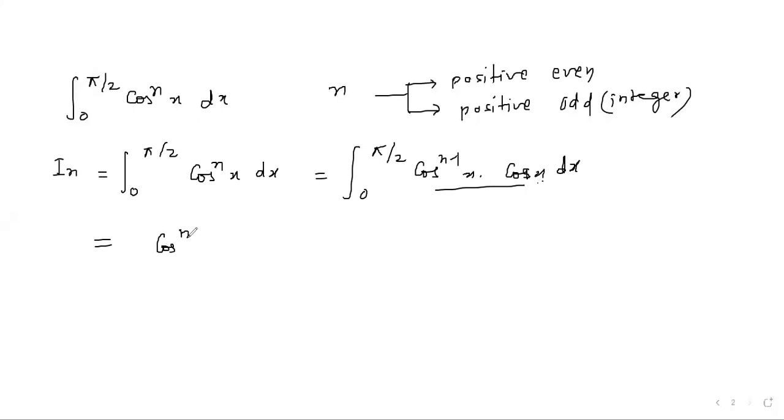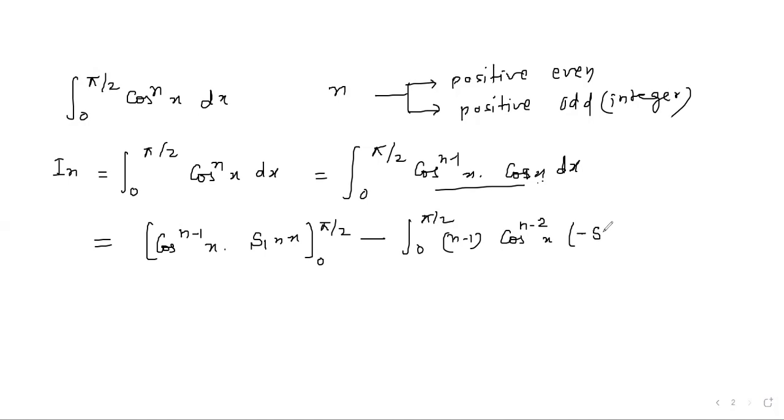So we write cos n minus 1 x times integration of cos x will give sin x, then limits 0 to pi by 2, minus 0 to pi by 2, and then we differentiate it. So n minus 1 cos power n minus 2 x times minus sin x times integration of this will give sin x dx.